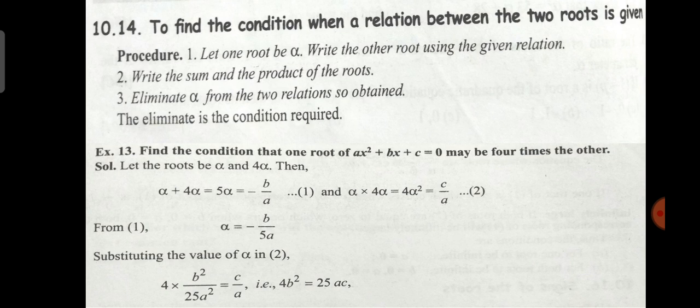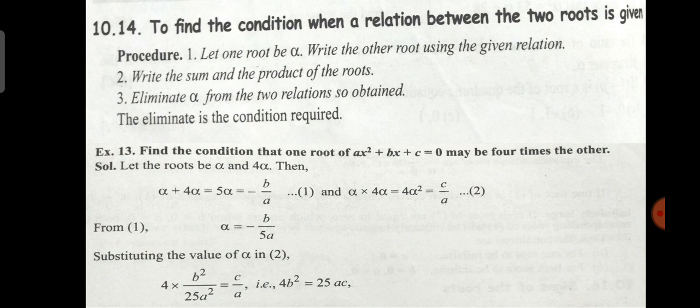So one root is 4 times the other. Take the first root as alpha and the second root as 4 alpha. Then what is the sum of the roots? Alpha plus 4 alpha is 5 alpha, which is minus b by a. And the product is alpha into 4 alpha, which is 4 alpha square, equal to c by a. Then from these two equations, what is alpha? It is minus b by 5a.